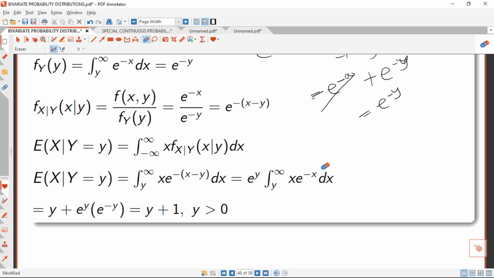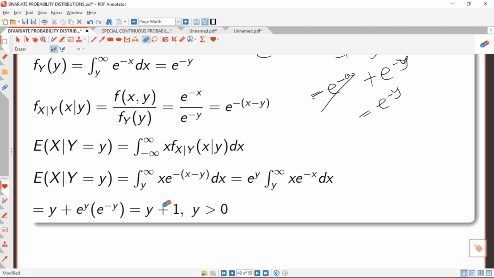If you do the integration, you are going to get y plus e raised to the power y bracket open e raised to the power negative y. And once you multiply the two, we get e raised to the power y minus y, and y minus y is 0, so it will be e raised to the power 0, and our final answer will be 1. As you can see here, the whole of this will be 1. That's the reason why we have our final answer to be 1.